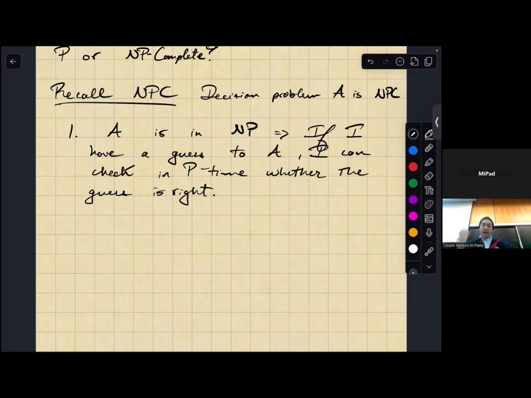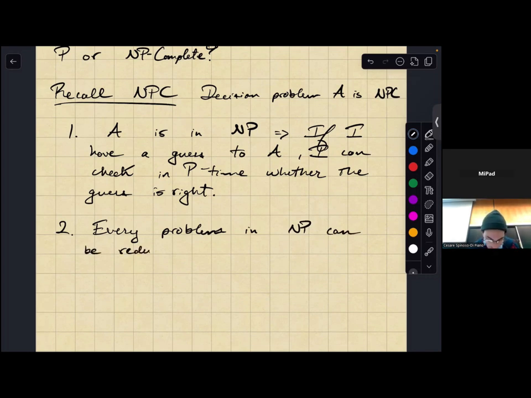So that's what it means for something to be in NP: I give you a guess, and you can check it in polynomial time. And the other thing for something to be NP-complete is that every problem in NP can be reduced to A. So you take every problem in NP, maybe B, C, D, whatever.